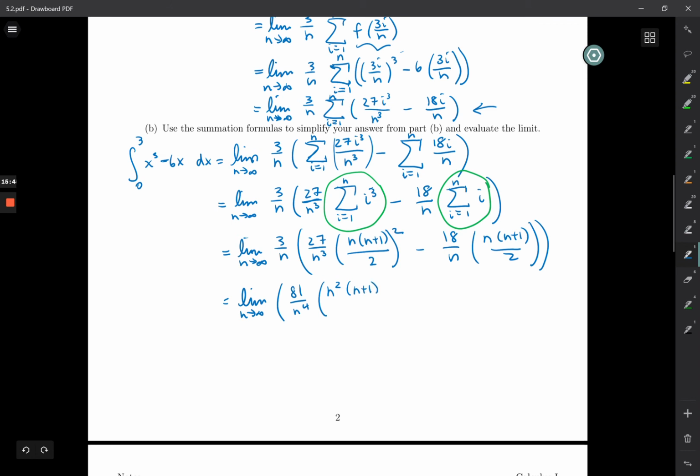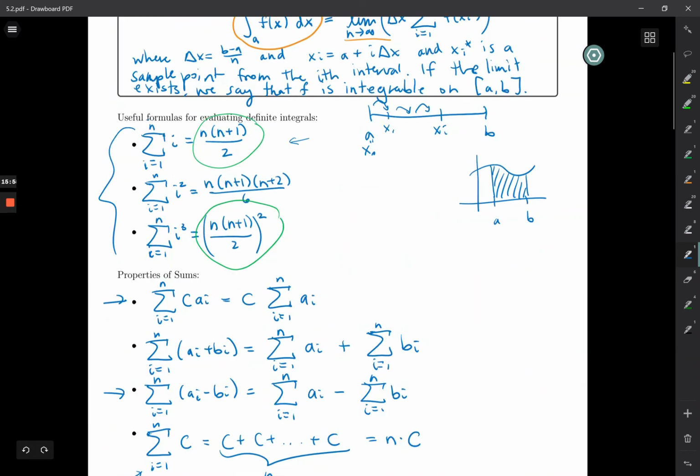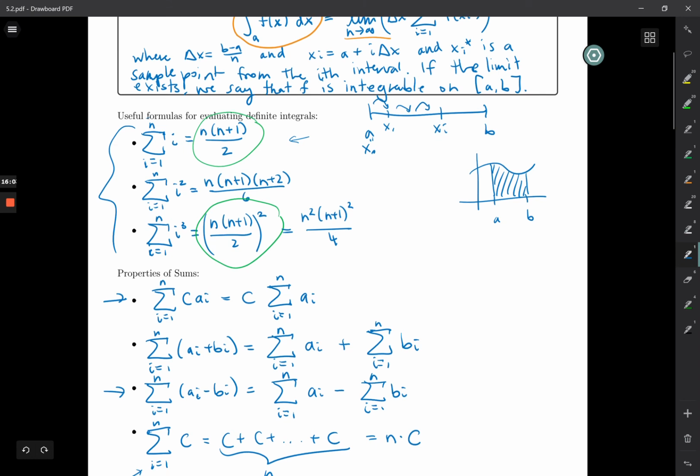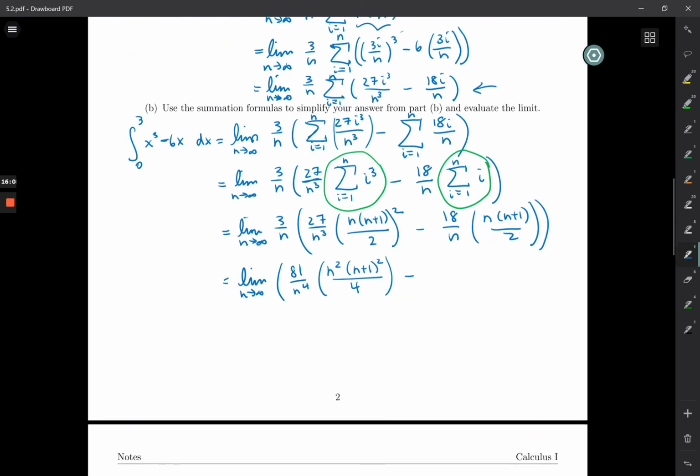We would have n plus 1 squared, and in the bottom 4. Okay. So in fact, maybe I will add this to the formula up here. So maybe it would be good to note that this is equal to n squared times n plus 1 squared over 4.